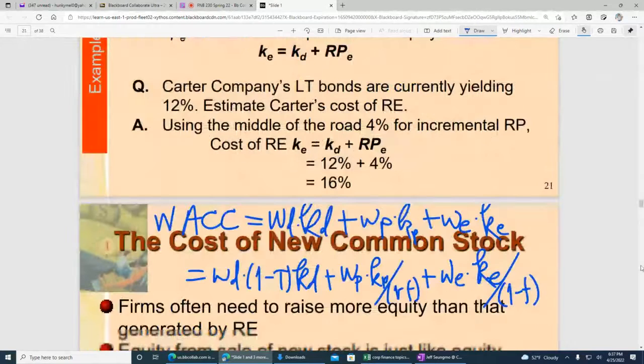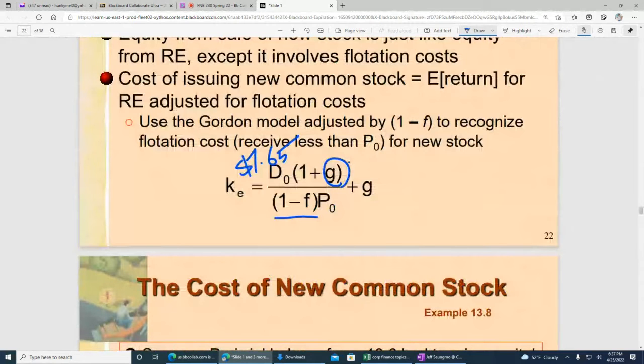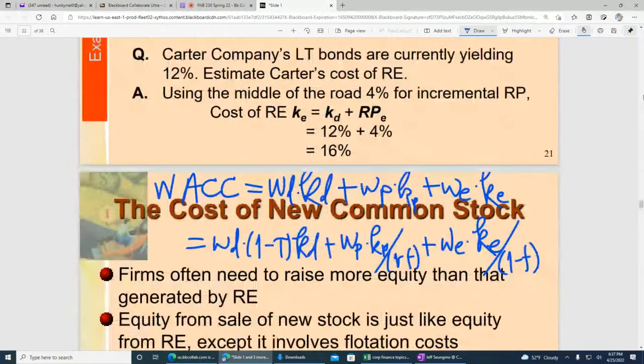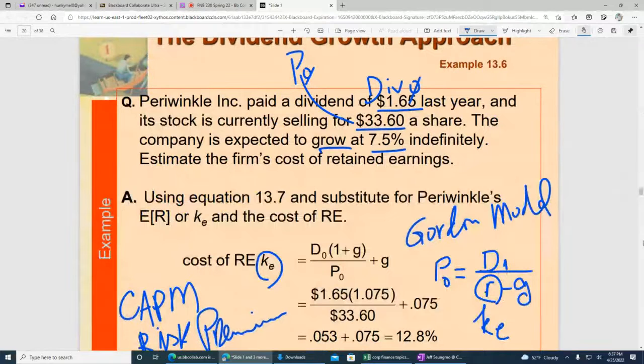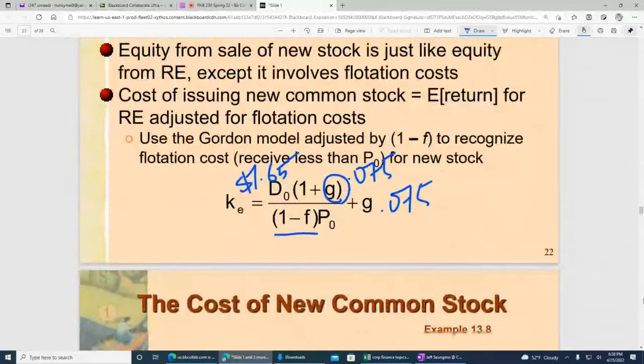So 0.075. Flotation cost was... 33.6 was the price.